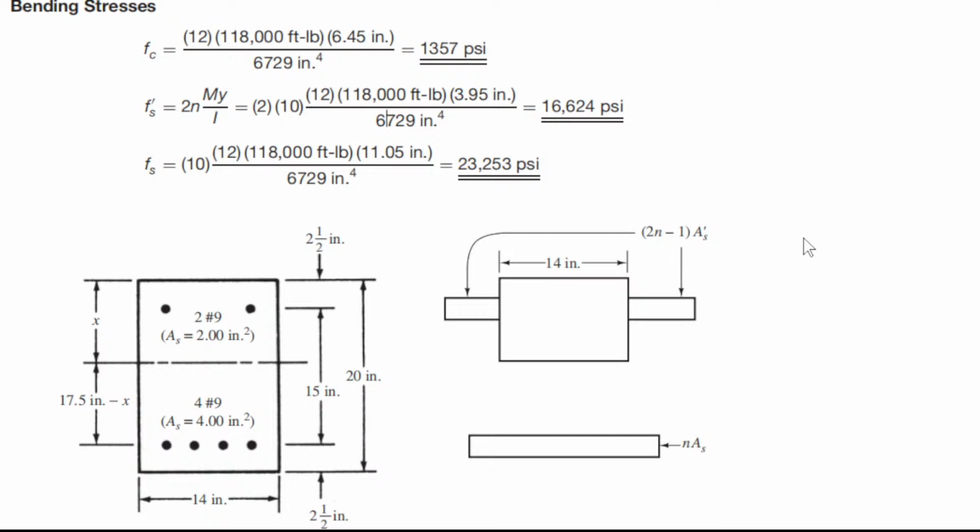Therefore, we always need the neutral axis location and inertia in order to find all of these bending stresses. If you compute this one, the bending stress of the top bars is equal to 16,624 psi.